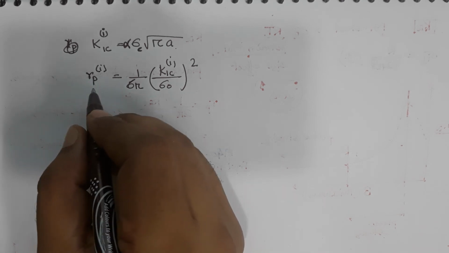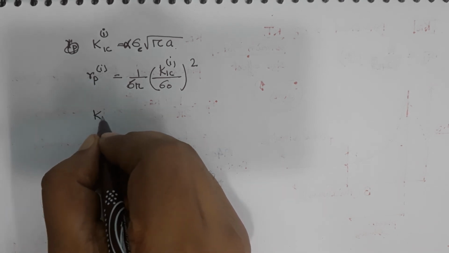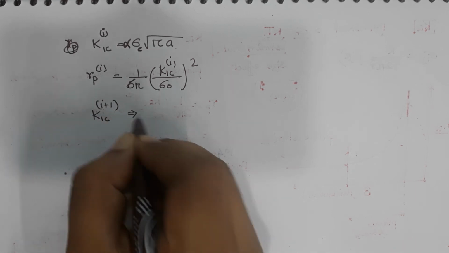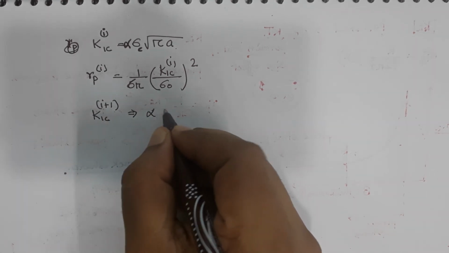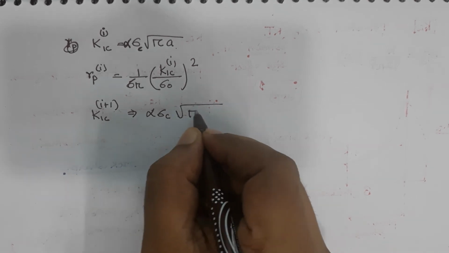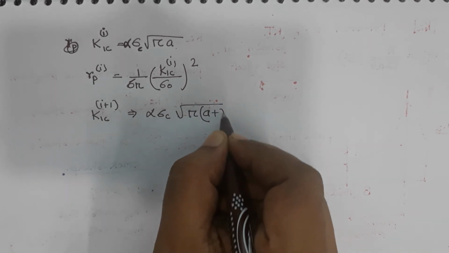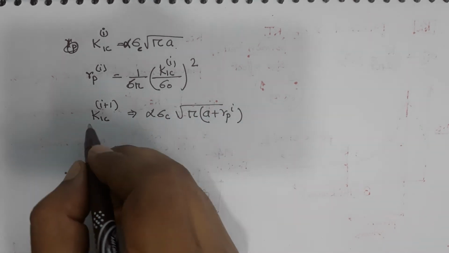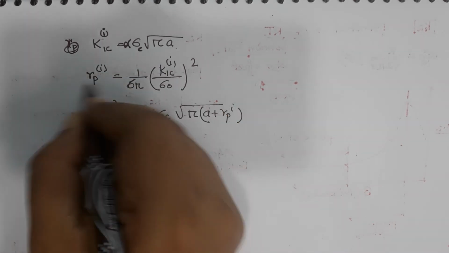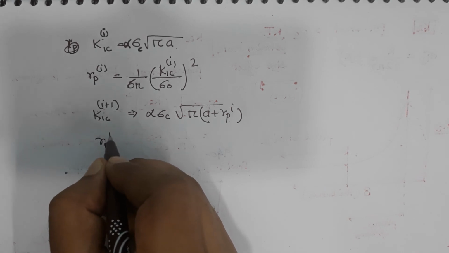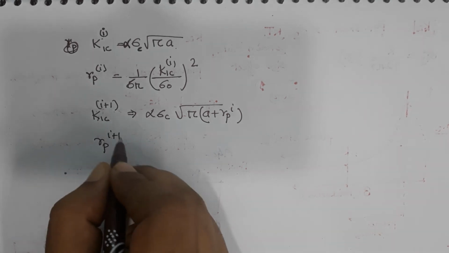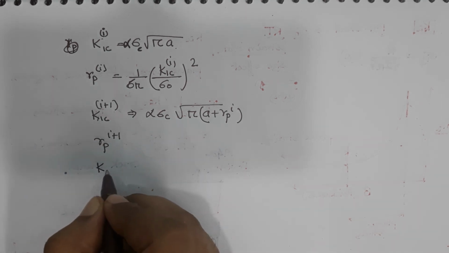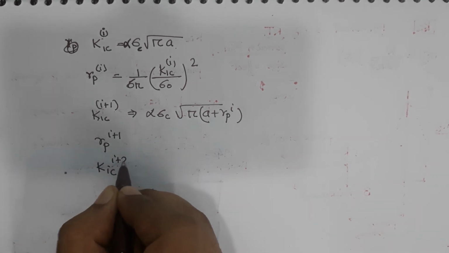Now, I use this value in order to calculate my K1C i plus 1, which is equal to alpha sigma c root over pi a plus Rp i. Now, I do the same thing to calculate Rp i plus 1. I use this Rp i plus 1 back and I calculate K1C i plus 2. Okay.